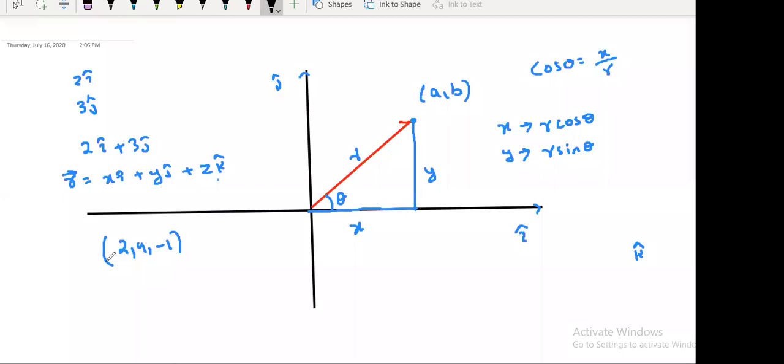Guys, is my handwriting not visible? Tell me, is my handwriting not visible?